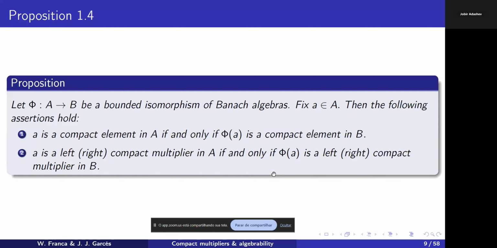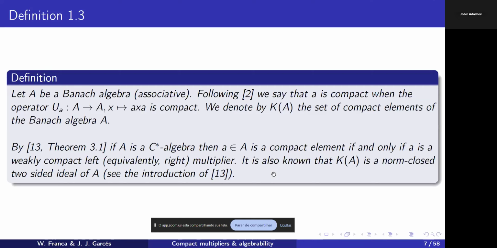If you fix an element a in the algebra A, we have the following conclusions. One: a is compact in A if and only if its image is a compact element in B. Here I am talking about compact in this sense, when I multiply on both sides.